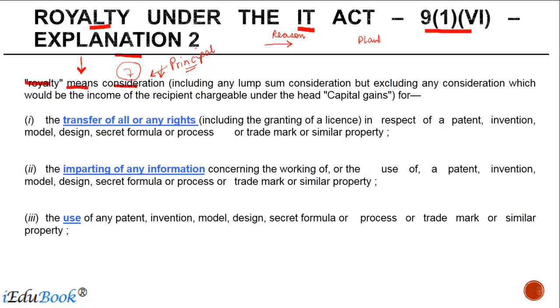So if I purchase a plant and machinery, okay, and I get certain design as an ancillary which are meant only to ensure that the plant functions smoothly, the payment that I am making is for the purchase of plant and not for design.